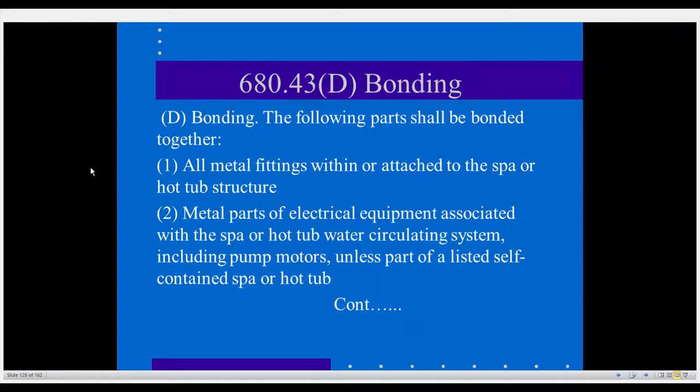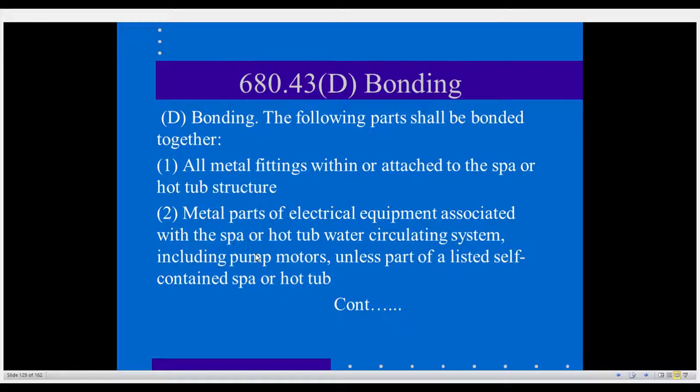Now we have to bond all these metal parts that happen to be around it. Number one, all metal fittings attached to the spa or hot tub structure all have to be bonded together. Number two, metal parts of electrical equipment associated with the spa or hot tub water circulating system, including the pumps, unless part of a listed self-contained spa or hot tub.